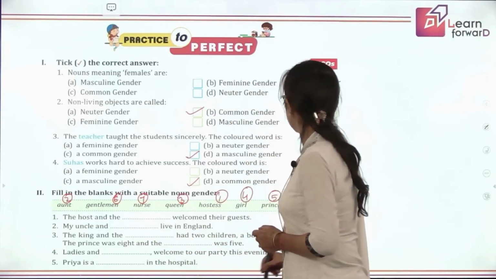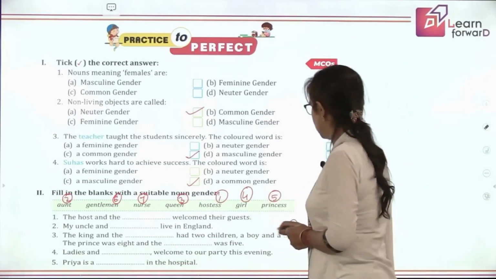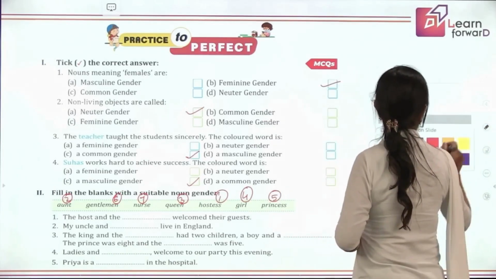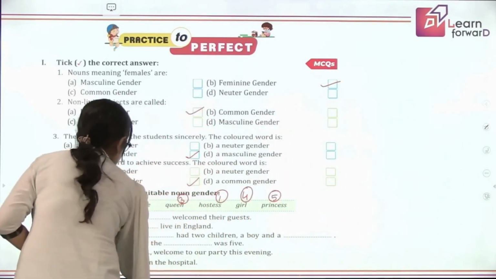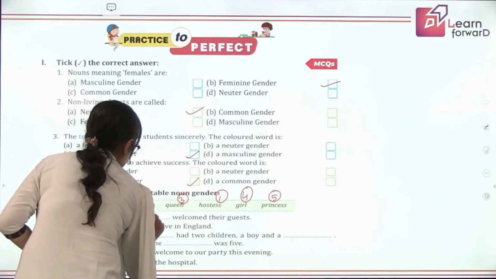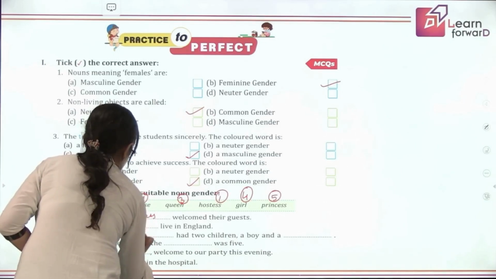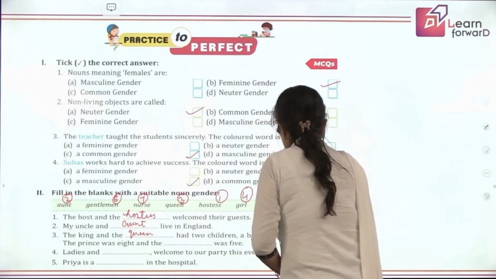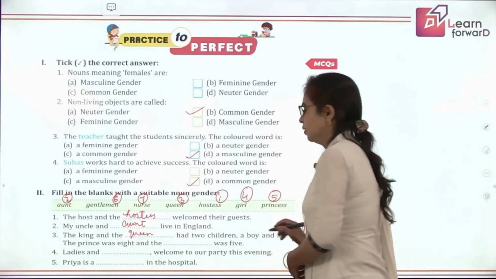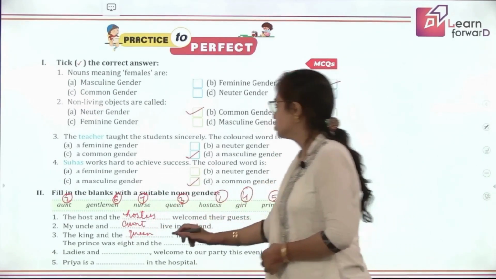Now, let's quickly write these answers here so that you don't get confused with the numbering. The numbering is for the blanks, not for the sentence number. The host and the hostess. My uncle and aunt. The king and the queen have 2 children, a boy and a girl. See, this was number 1, 2, 3, 4.